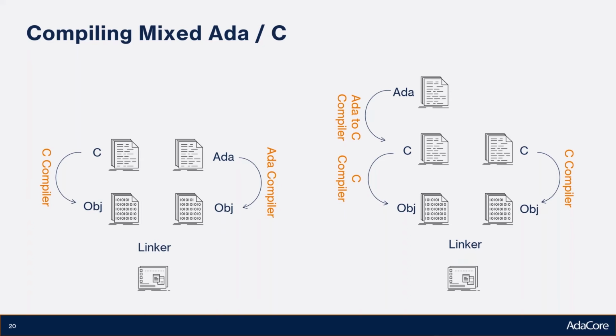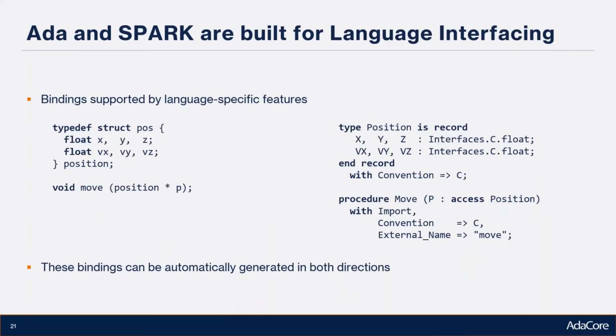Let's see what the source code looks like. Within the source code, interfacing between C and Ada is possible using standard Ada language constructs. For the C interface on the left, you have a typedef struct position, and then you have a void function move. The Ada analog to that on the right is an Ada record and an Ada procedure. Those are all equivalent.